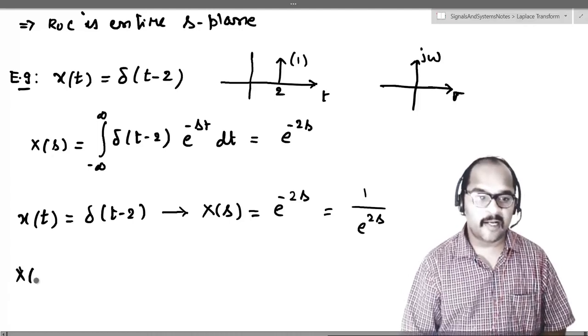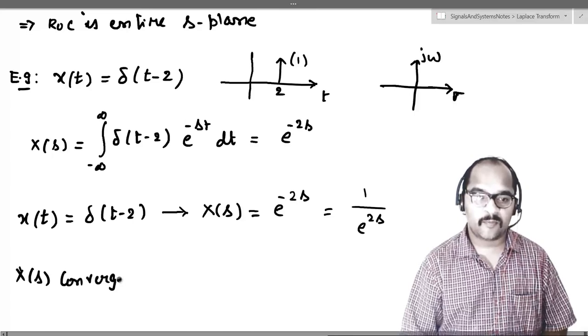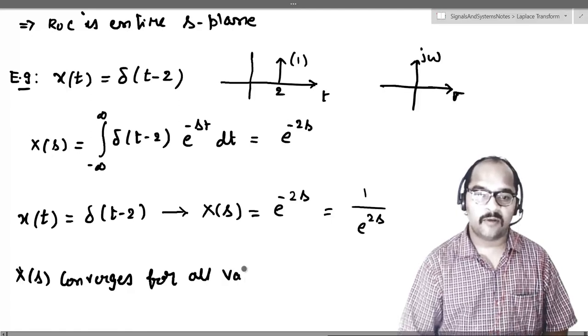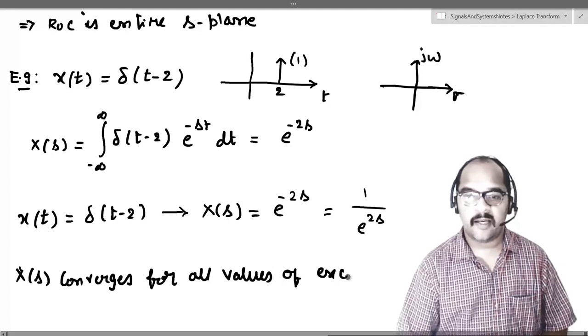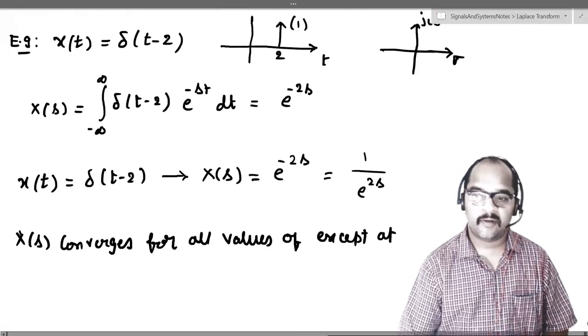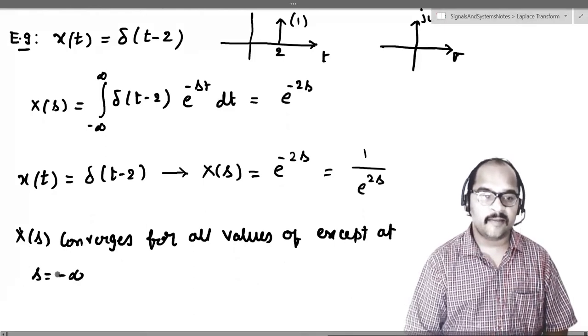We'll write down that x of s converges for all values of s except at s equal to minus infinity.